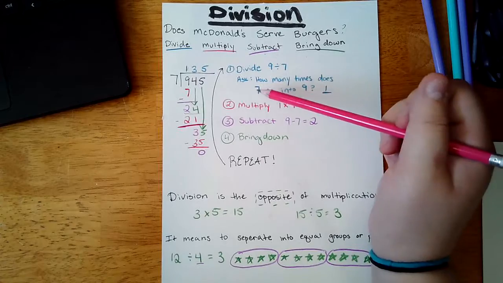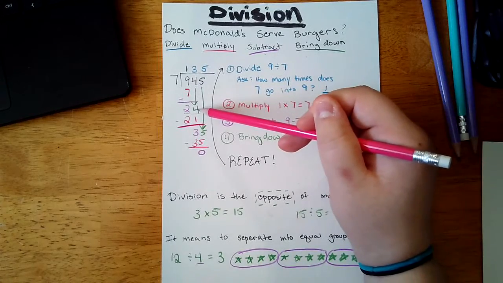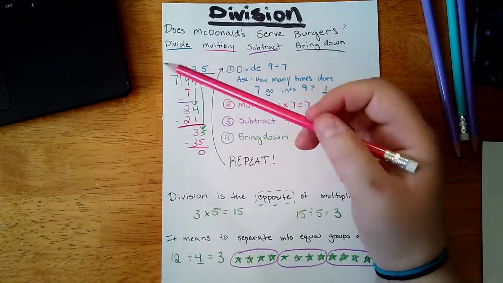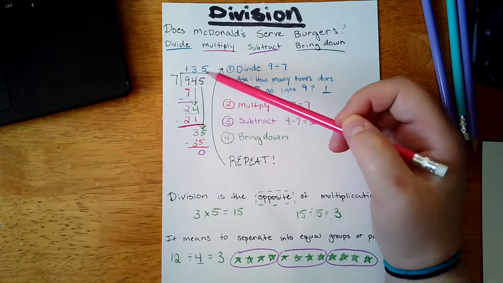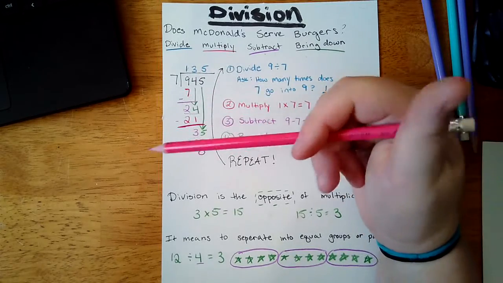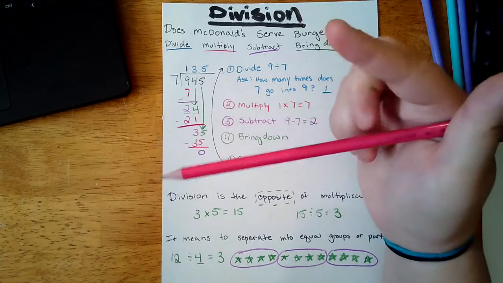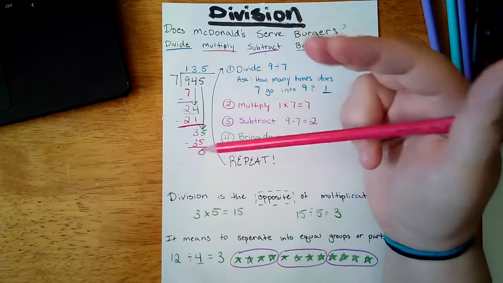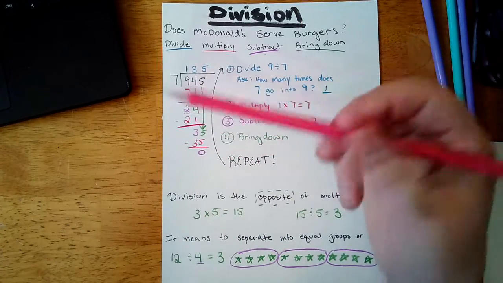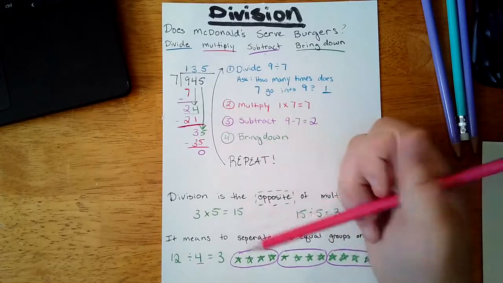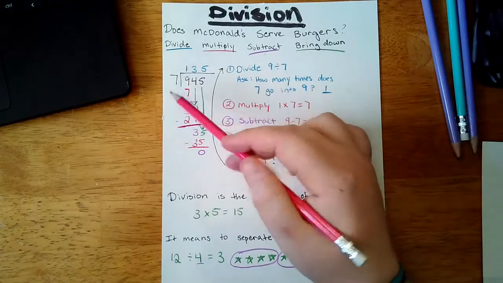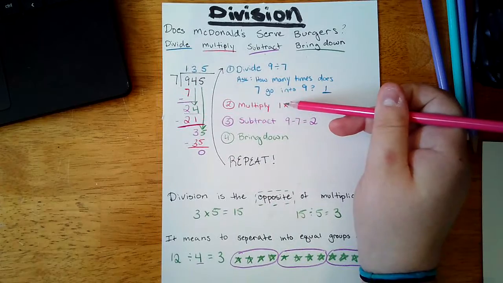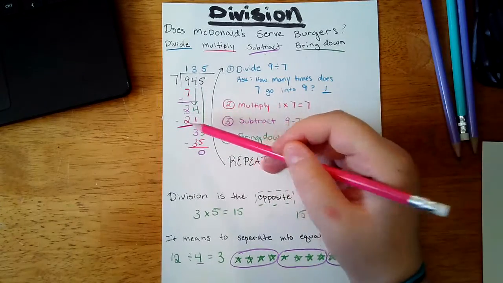How many times does 7 go into 24? Okay, we know that 7 will go into 24 3 times. So 7 plus 7 is 14, plus another 7 is 21, plus another 7 is 28. But 28 is too big. So we're only going to put it in 3 times. So 7 times 3, because we're going to multiply, is 21.